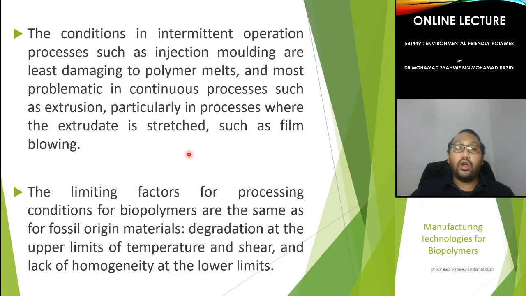Let's say you have your melting temperature, Tm. If you operate above the melting temperature, the upper limit, it will start to degrade. However, if you process below the melting temperature, the homogeneity of the material is less, and it will lead to an inhomogeneous material, and the properties will be affected.